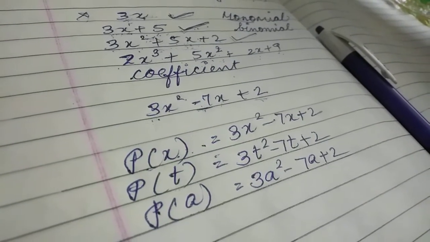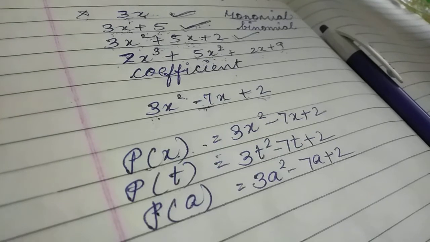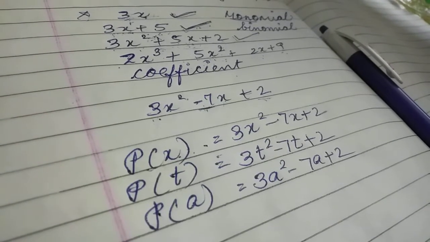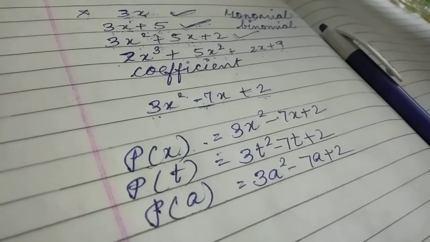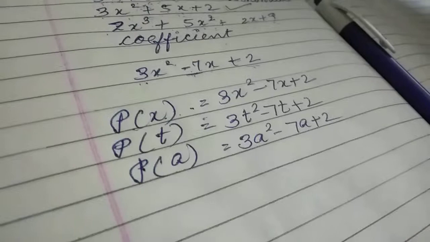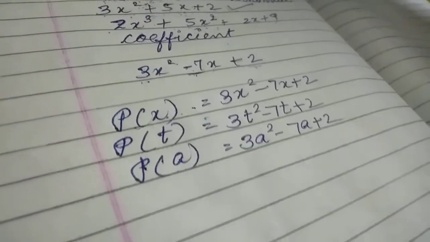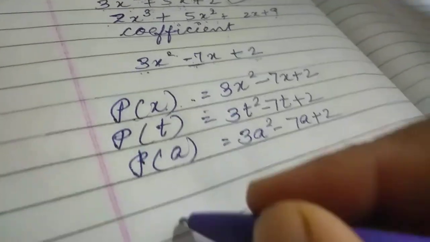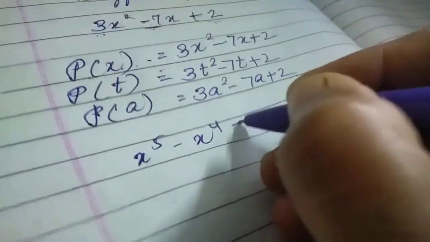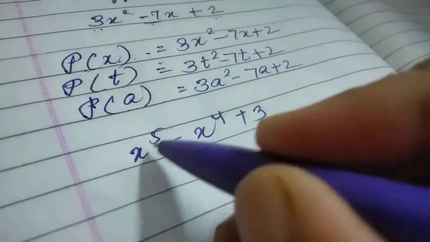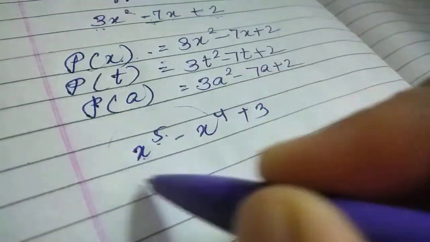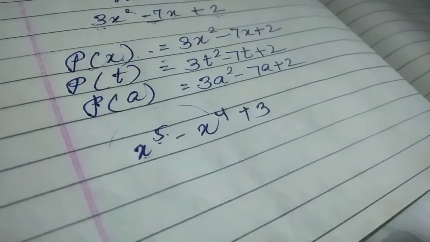Now here in the question, page number 23, I think, it is given that we have to find out the degree of the polynomials. So as I told you how to find out the degree of the polynomials. Here one question is given: x raised to 5 minus x raised to 4 plus 3. Here the highest degree of x is 5. So the degree of this polynomial is 5.